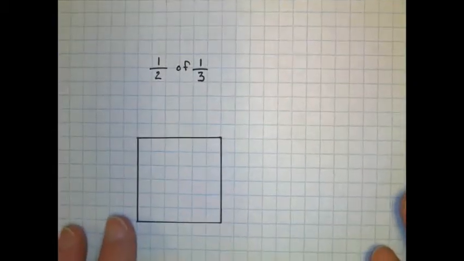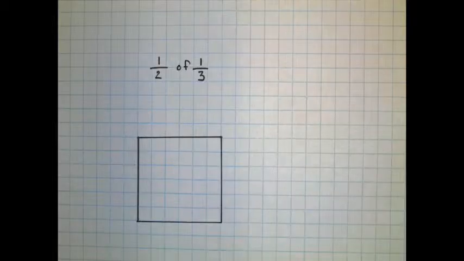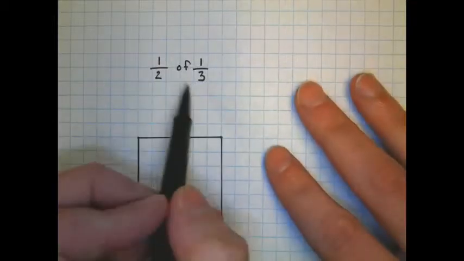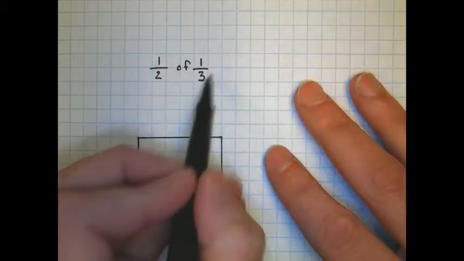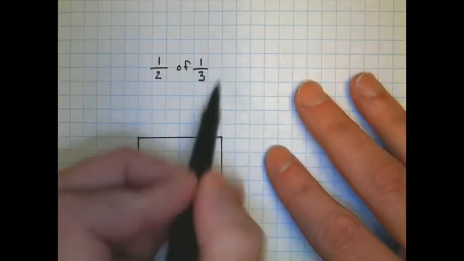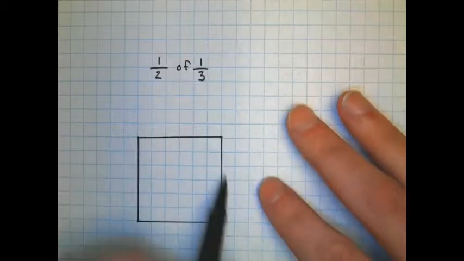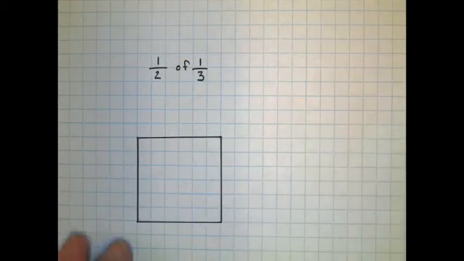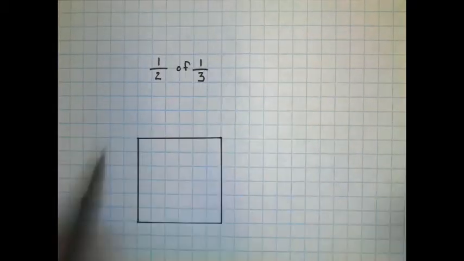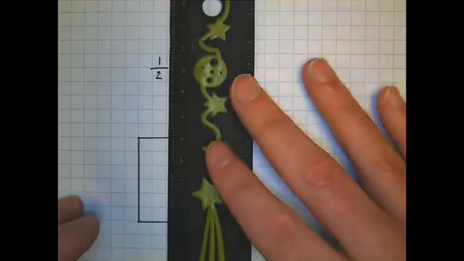Here we have 1/2 of 1/3. So my starting point, again, is going to be over here, because I'm taking 1/2 of this piece. So this is my starting point right here. Here's my area again. I have my rectangle or my square. So I'm going to show thirds now. I'm going to break this one into 3 pieces.